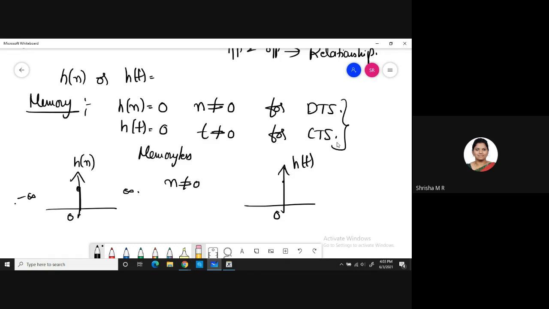But for other values of t or n, the amplitude should be 0. That time it's memoryless. If you have any amplitude to the left or right of 0, then it will be a system with memory. Got it? Is it clear? This is categorization of system using impulse response. Did you get it?